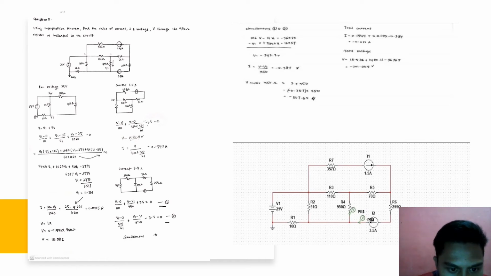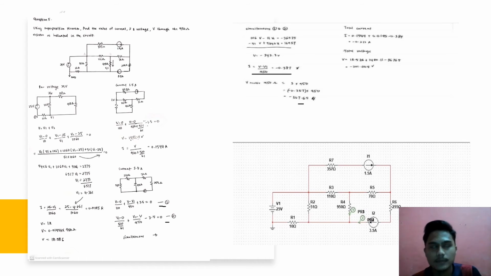Using simultaneous equations we get negative 0.387. The total current and total voltage we add and get the value. For the current through the 950 ohm, we multiply the current by 950 ohm and get the answer.